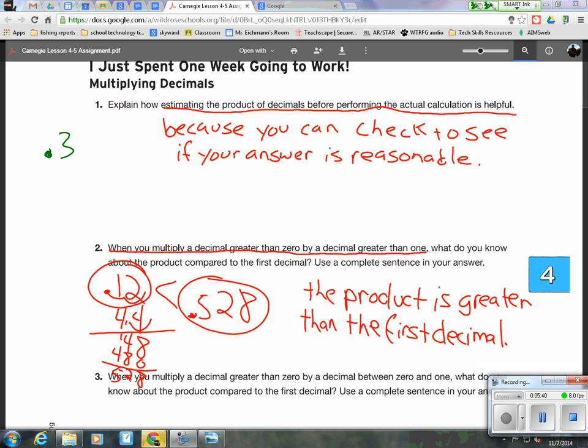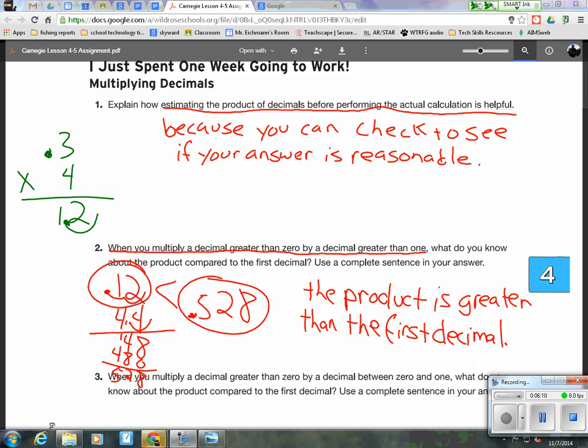And I'm going to say times anything that's greater than 1. How about 4? Because that's a decimal greater than 1, isn't it? So 3 times 4 is 12, and then we've got to move it one spot. So it's 1.2. Is 1.2 greater than 0.3? Yeah. Sure is. So it's true in that case.